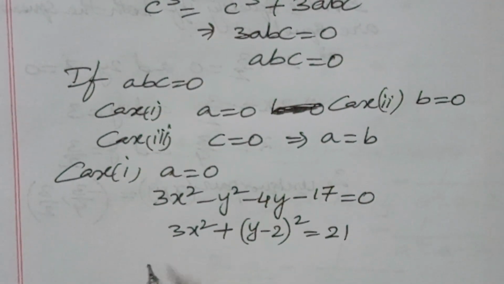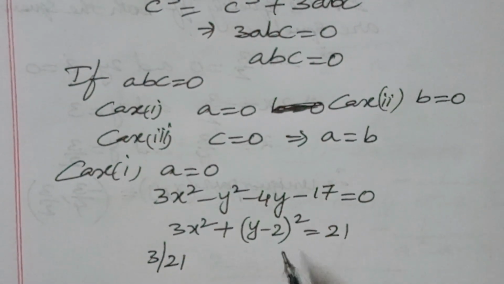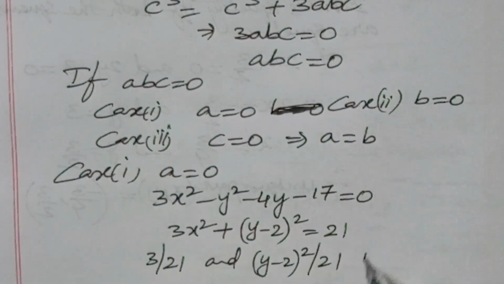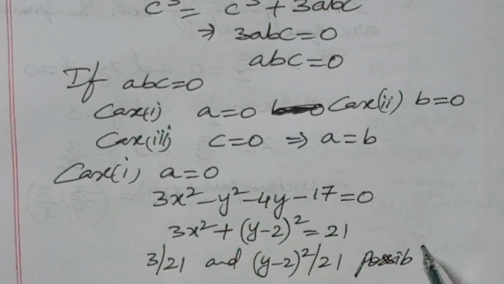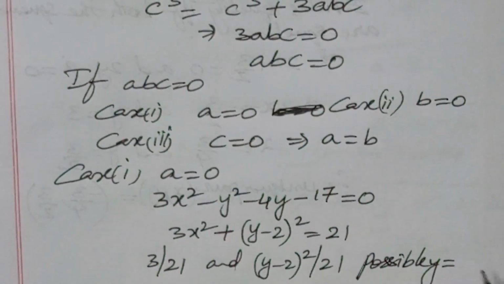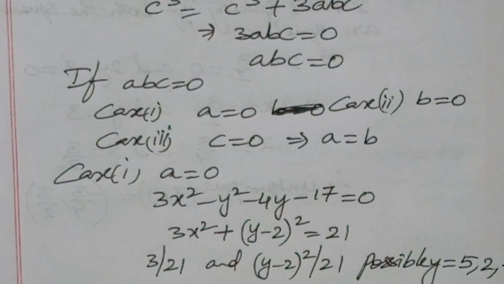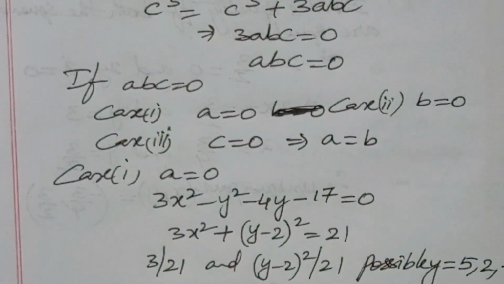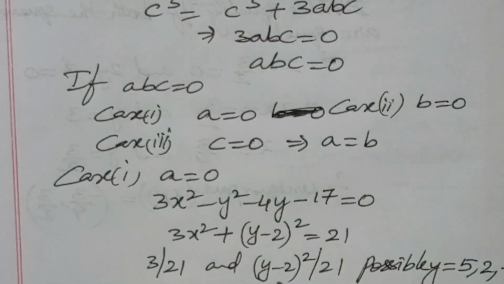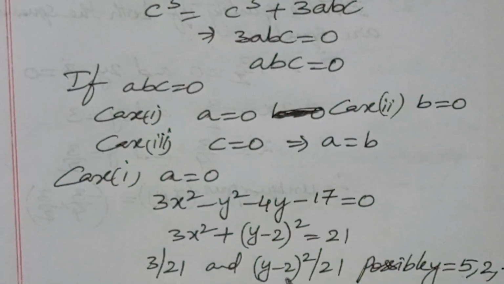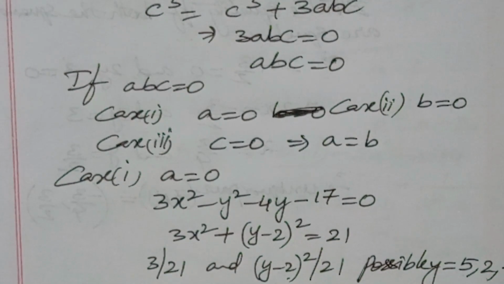So 3 divides 21 and (y − 2)² must give a multiple of 3. Now possible values of y are 5, 2, −1, where we get 3 multiples: 5 − 2 is 3, 2 − 2 is 0, and −1 − 2 is −3.